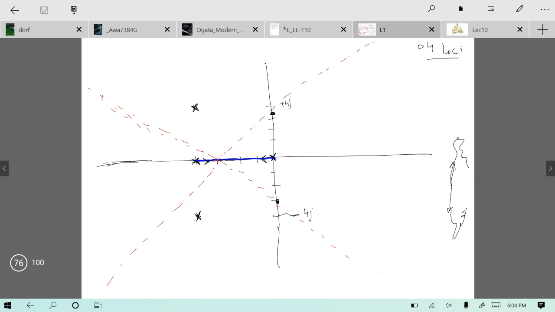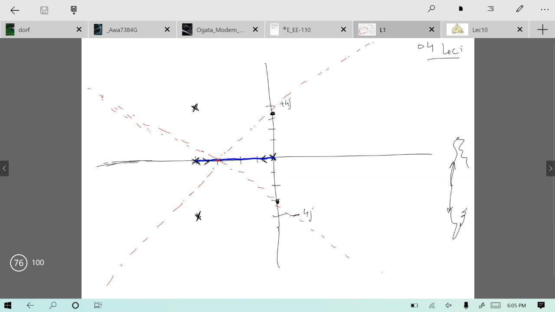Obviously, common sense, I would say. Because either they will break away from here, from here, from here, from here. The range of the breakaway point will be from s is equal to 0 to s is equal to minus 4. So any value of s from 0 to minus 4, these two poles will break away at some value between 0 and minus 4.